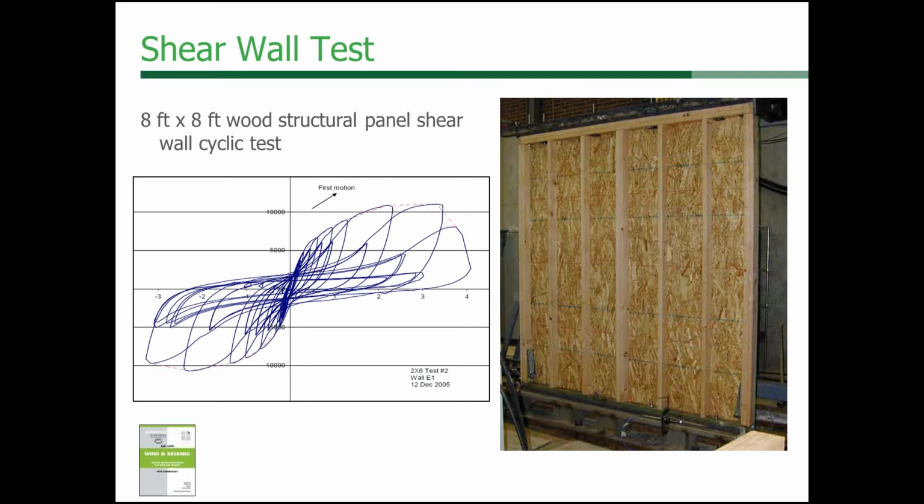And even after peak load, it still displaced more, and there wasn't a whole lot of failure in the system. But in this location where there was some failure, it was probably panel nailing, edge nails pulled out, or the nail pulled through the panel, or withdrawal from the framing. Those are the failure mechanisms.